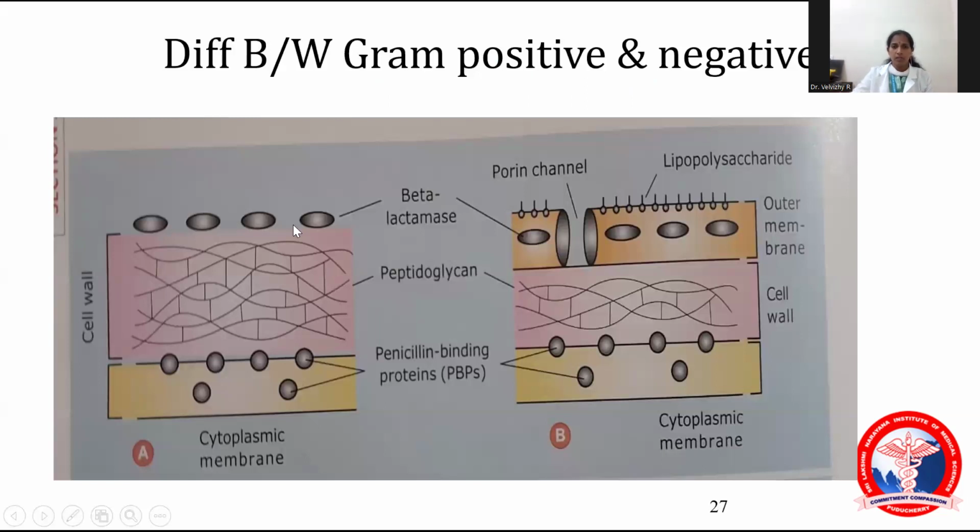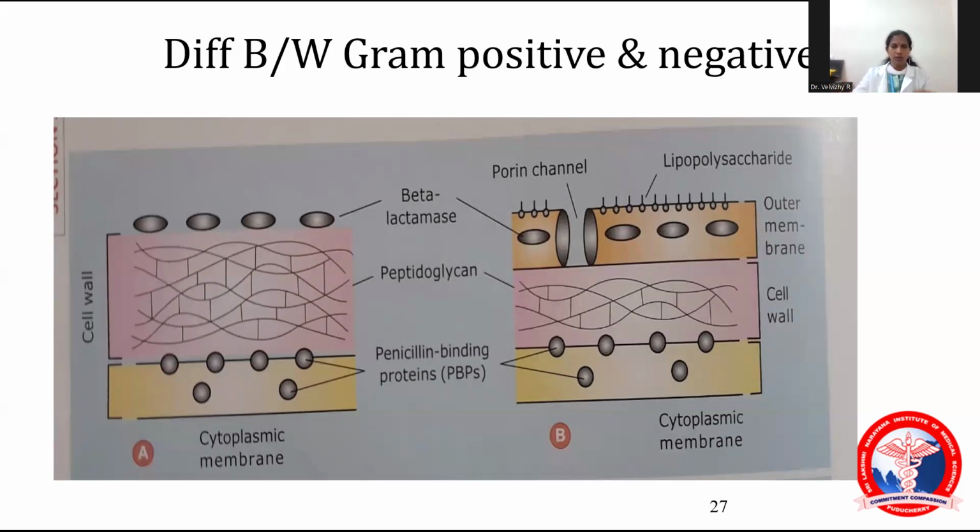And this is the difference between the gram-positive and gram-negative cell wall. In gram-positive, this is the peptidoglycan layer, and this is the cytoplasmic membrane. This peptidoglycan layer is easily approachable to penicillins.